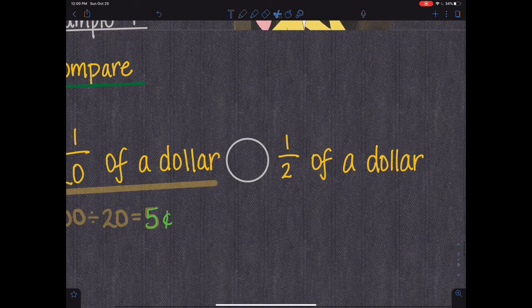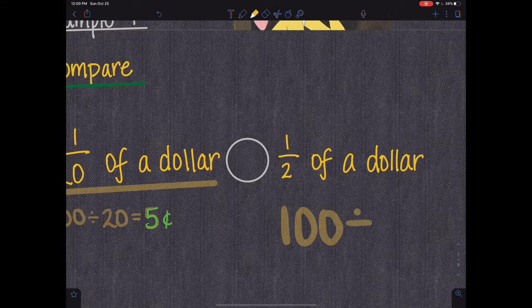What about 1/2 of a dollar? Well, 1/2 of a dollar is kind of like saying 100 cents divided by 2, because I'm dividing it by that denominator right there to figure out how much value is 1/2 of a dollar. And if you take 100 and you divide it in half, I think you'll realize that there are 2 groups of 50.